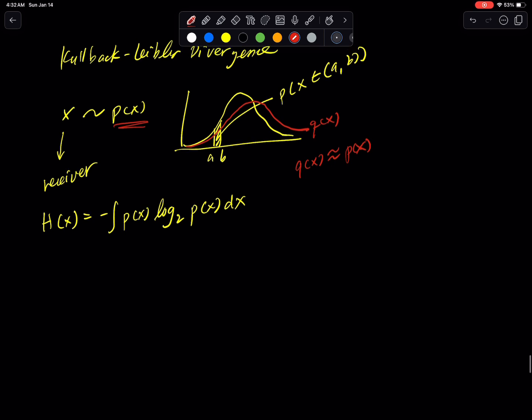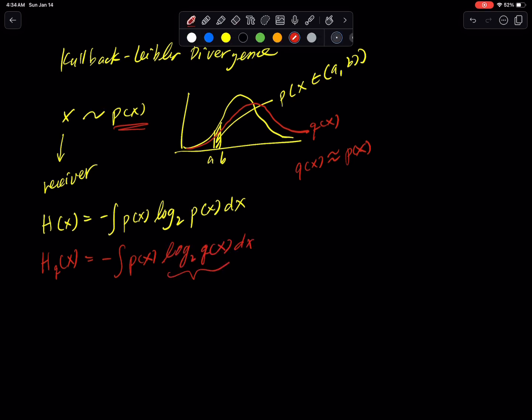Let's call that h of x using q, and that becomes equal to the negative integral of p of x, which is the actual probability of picking x from the true distribution p of x, log q of x dx. Here we're using q of x because we want to calculate the number of bits needed to transmit x using q of x as our approximate distribution.